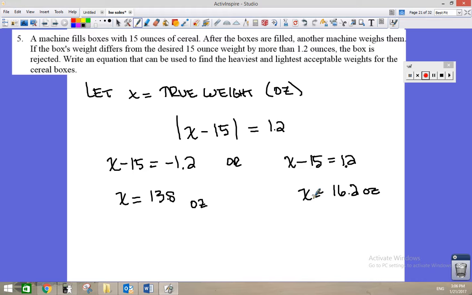I guess they might not complain because it's the same as a 15 ounce. So if they get 16.2, excuse me. I didn't want to cough in your ear there, so I had to hit the pause button real quick. I have to do that sometimes frequently. So this is the lightest they'll be accepted, and that's the heaviest they'll be accepted is what I'm trying to say. So there's our answer.